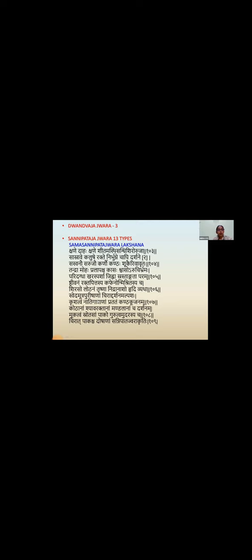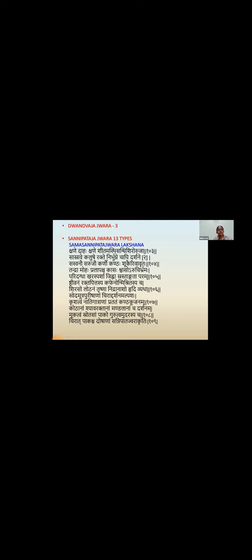This whole quotation tells you the salient features of Samasannipata jvara, which is said to be asadhya, difficult to cure. These are important because, when we see different kinds of diseases, we must identify the signs and symptoms and understand that this particular jvara is asadhya from our side.